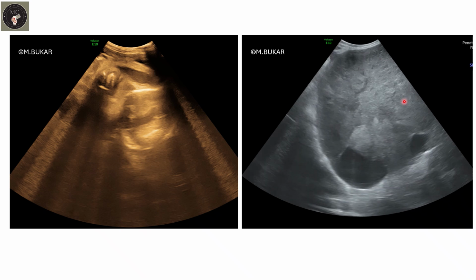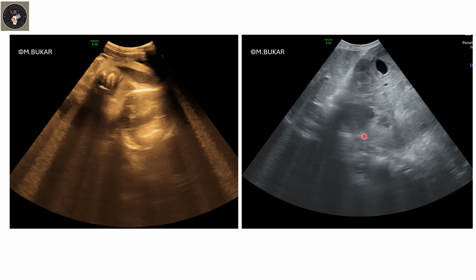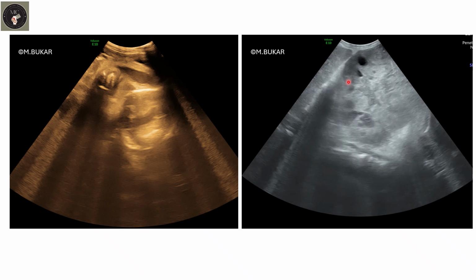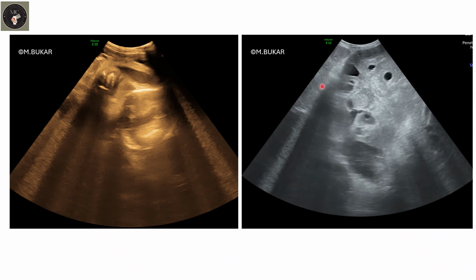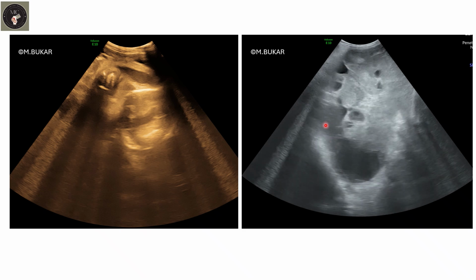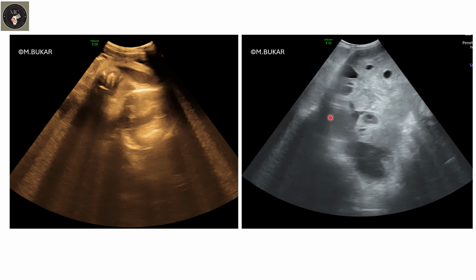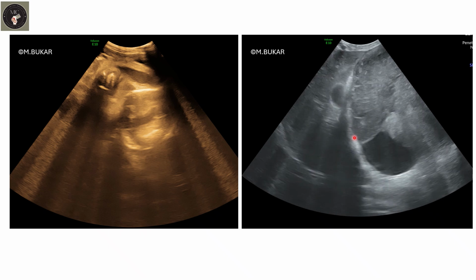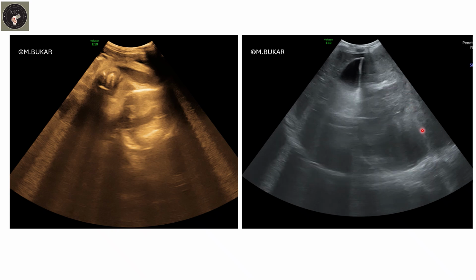This is a large right ovarian lesion. Here is the liver, and note the size of the mass. You can see it's closely applied to the liver. Again, note the differential echogenicities of this mass.